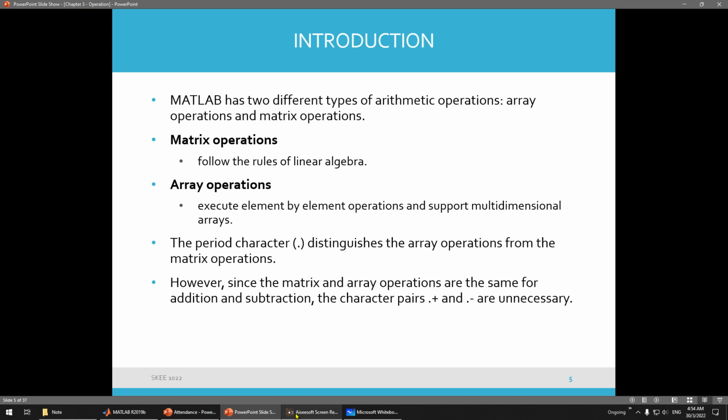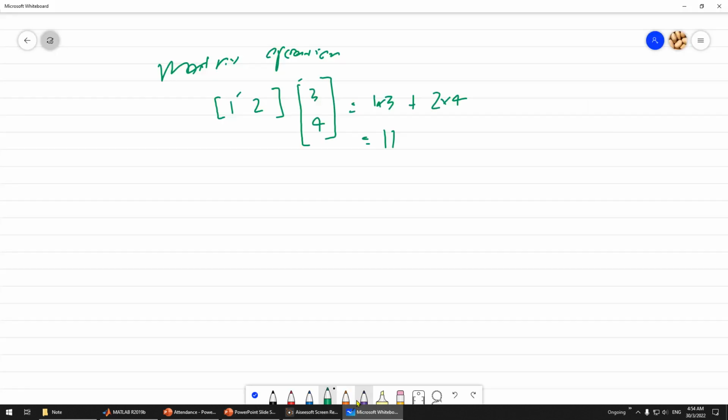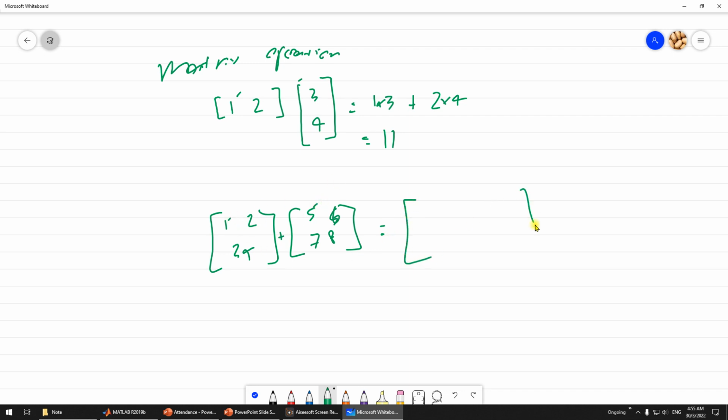Why? Because if you have 1 2 3 4 and 5 6 7 8, if you do plus, you just add them elementwise: 1 plus 5, 2 plus 6, 3 plus 7, 4 plus 8.